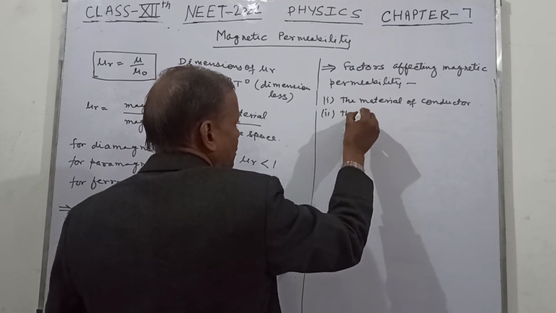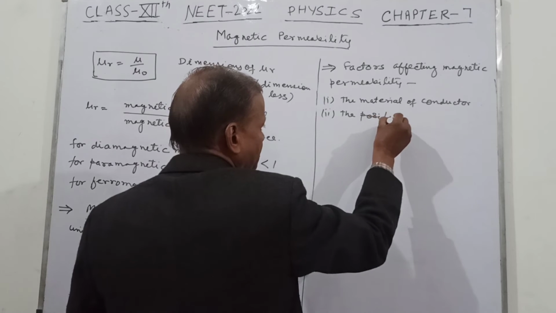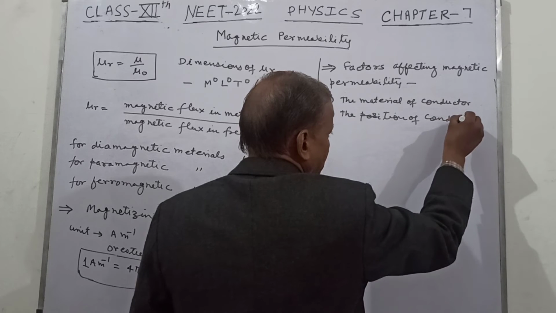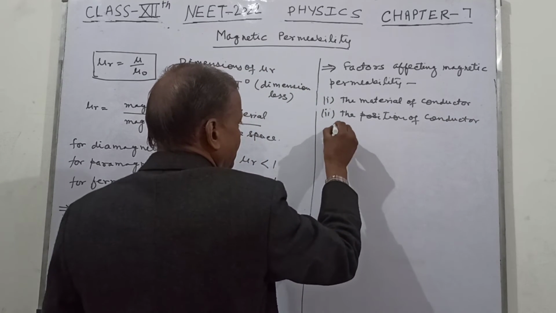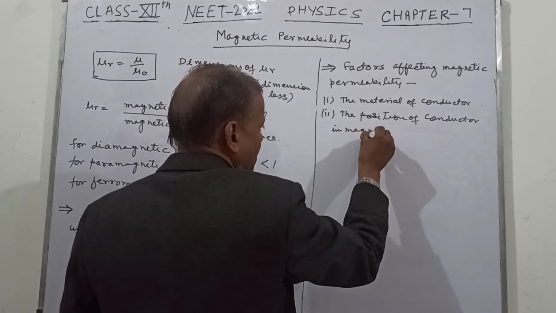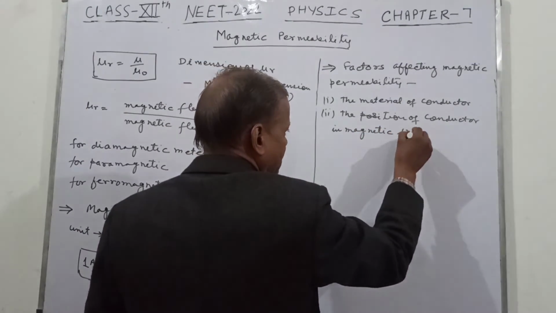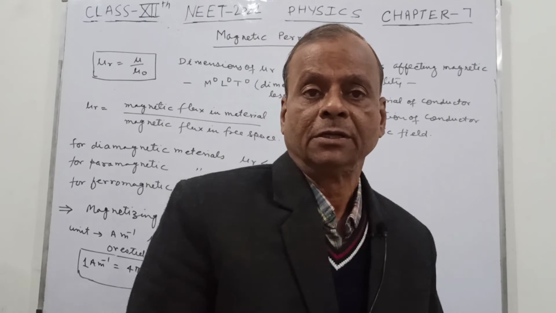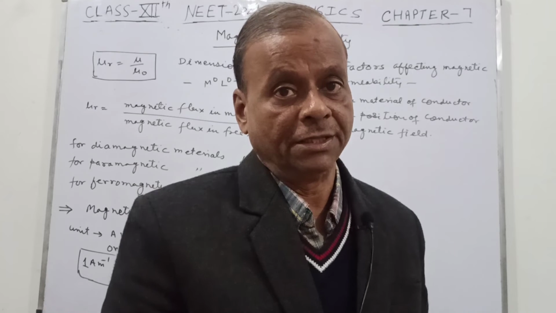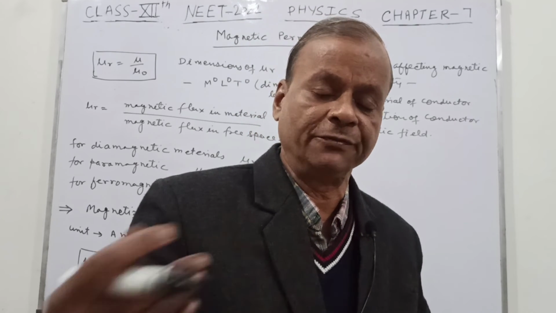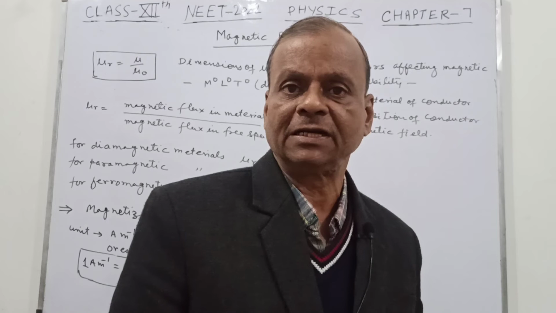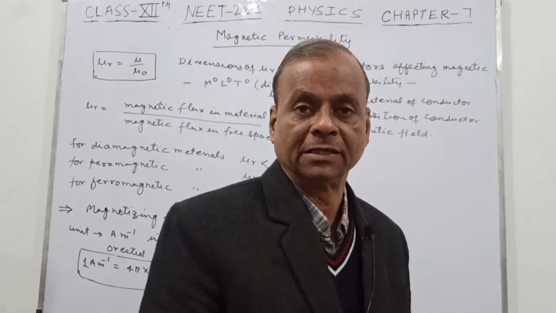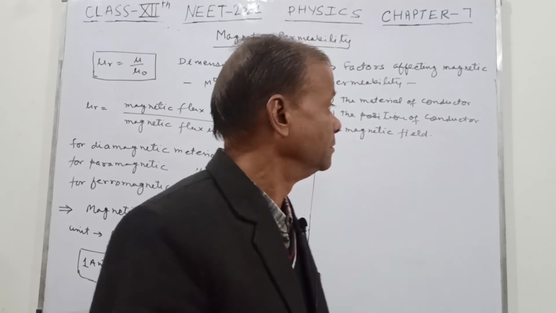Second, the position of the conductor in the magnetic field. Here by position you must understand whether this conductor is nearest to the magnetic field or away from the magnetic field, then definitely the distance will have a very important role in getting the magnetization of the material.